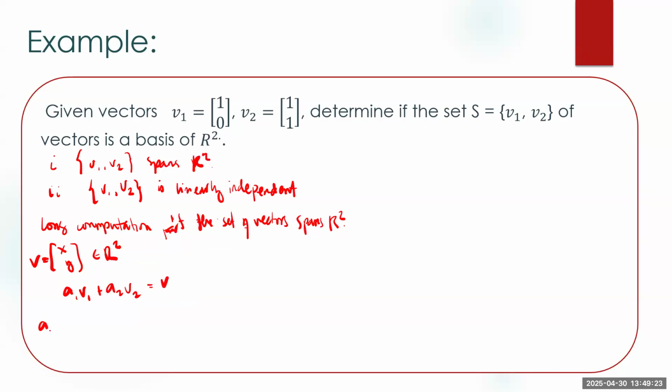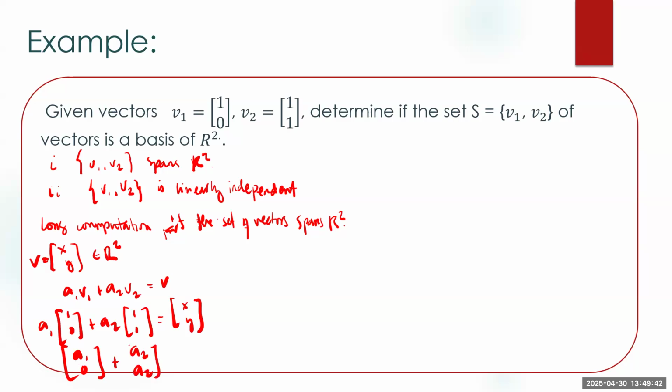So we have a1 times (1, 0) plus a2 times (1, 1) equals (x, y). Then distribute: (a1, 0) plus (a2, a2) is equal to (x, y).